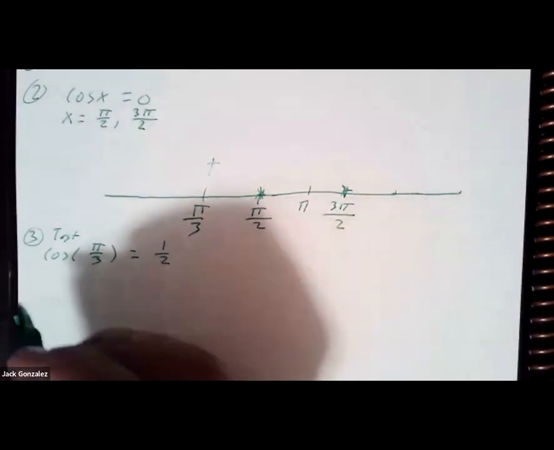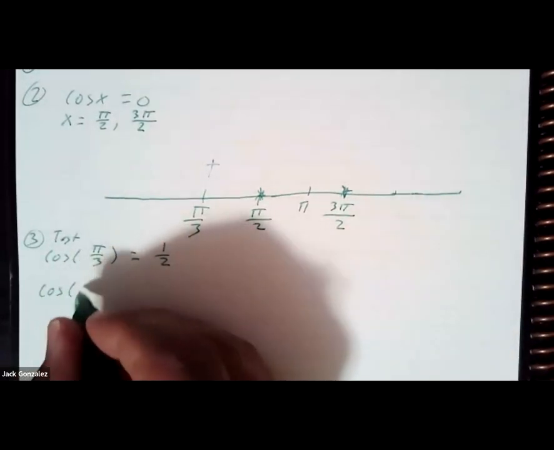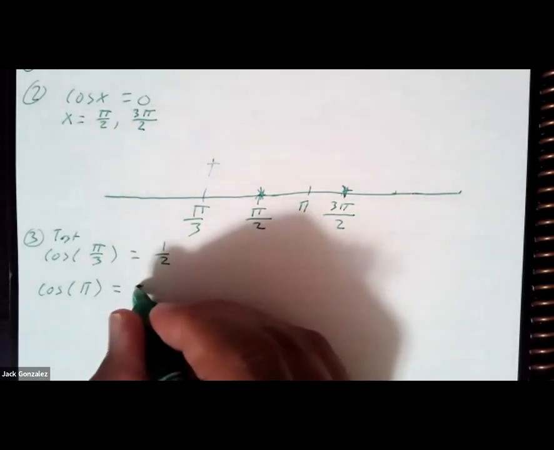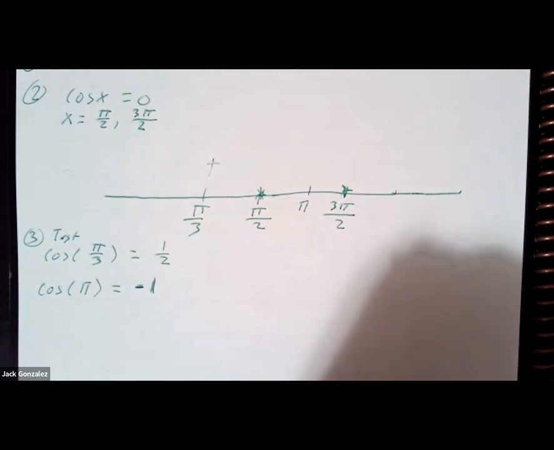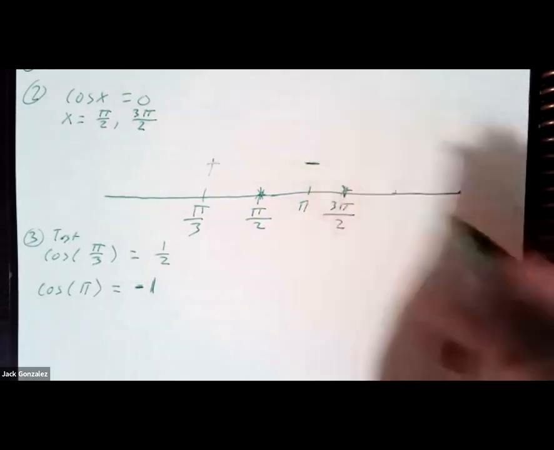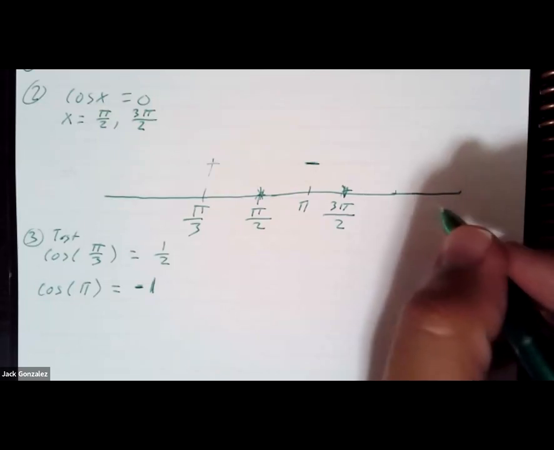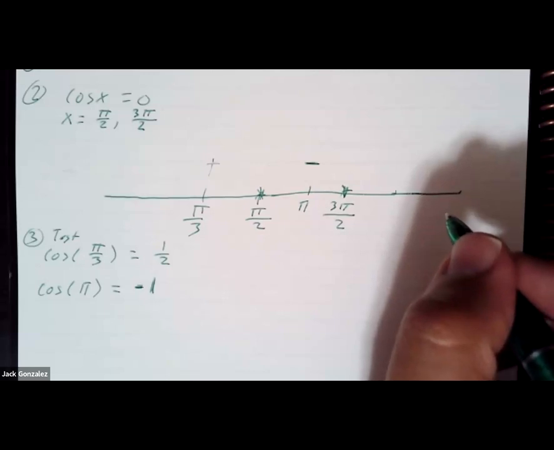Cosine of pi is gonna be negative, correct? So we have 2 pi would be positive.